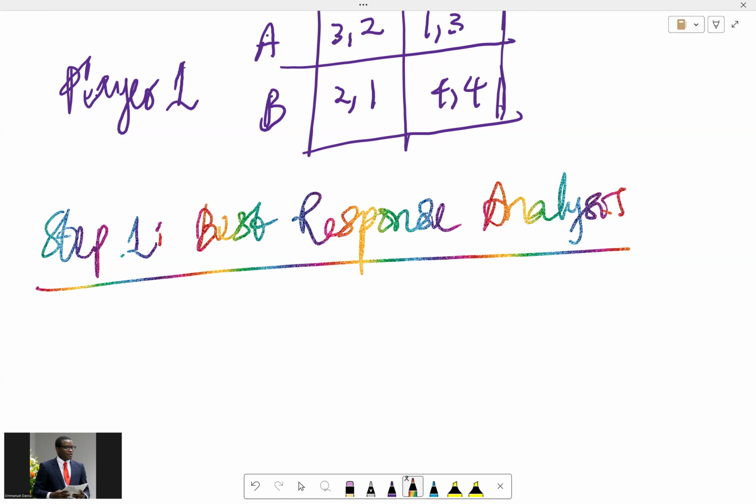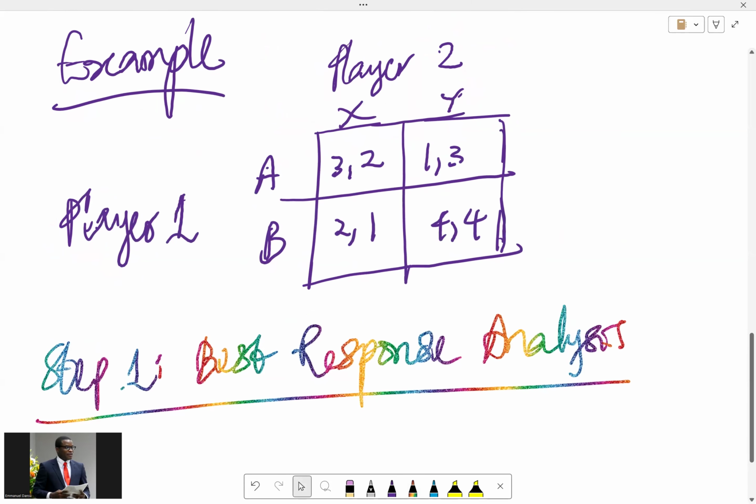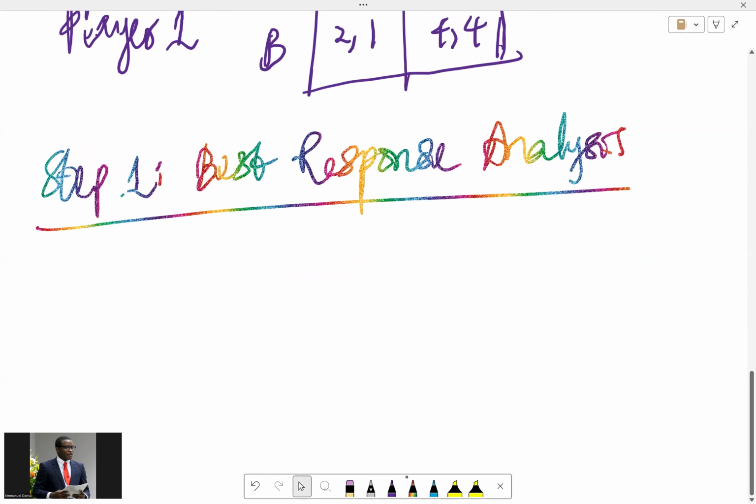Let's start with player one. Let's see what happens.